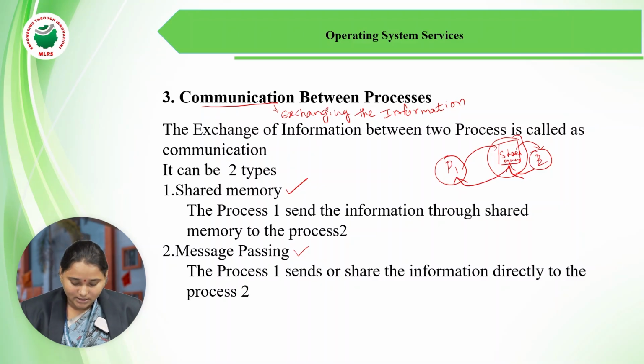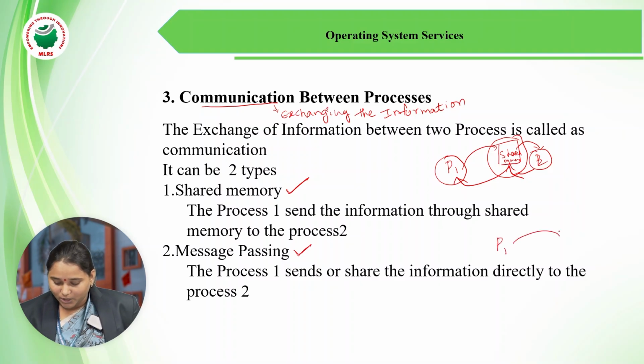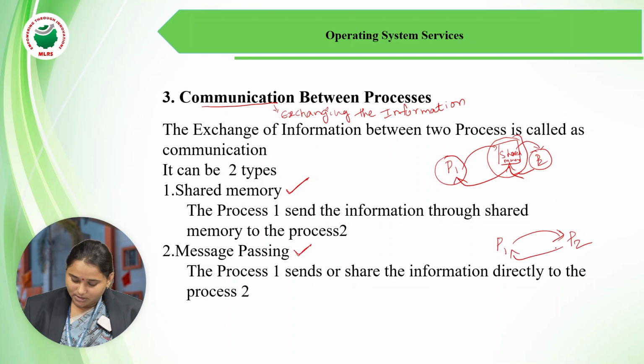Here, this is the shared memory. Next, in message passing, there is direct communication between process 1 and process 2. Whatever message is sent by P2, the reply is sent to P1. Okay, this is message passing.